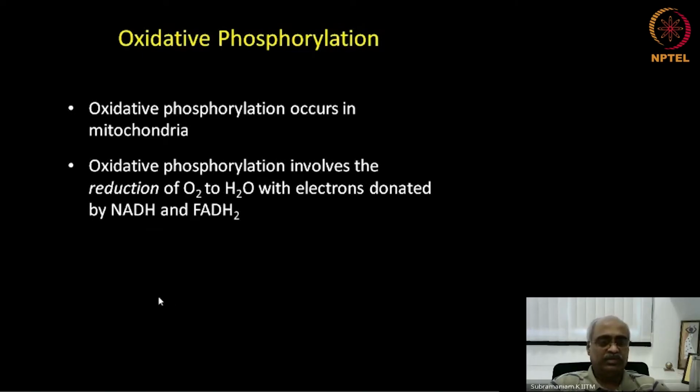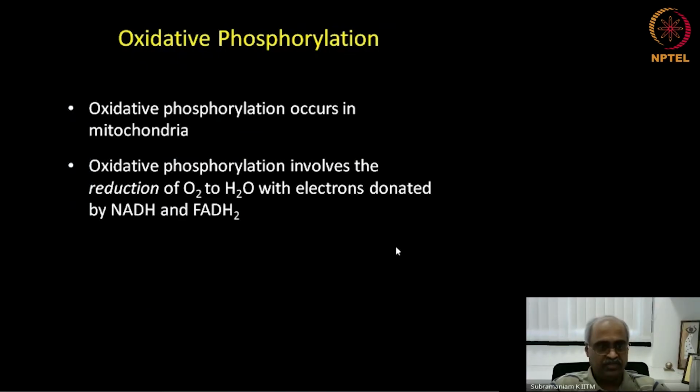Today we'll get into the individual steps of the oxidation of these electron carriers in successive steps. The electron flow is in a stepwise manner, and at each step we have protons getting pumped across the mitochondrial inner membrane.